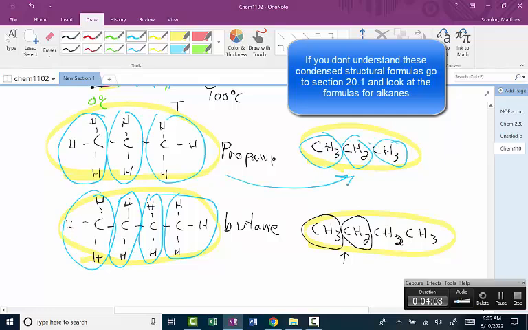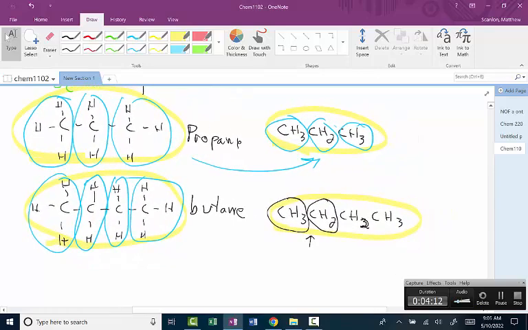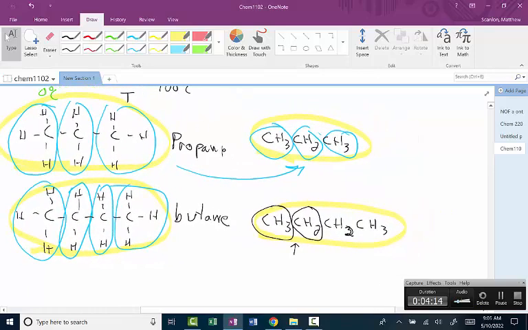Well, same compound. So what are the intermolecular forces for propane and butane? Well, there are no dipole forces because there are no polar parts of these. And so the only thing they have are London forces. And this one is going to have smaller intermolecular forces because it's a smaller molecule. Remember, the larger the molecule, the greater the London forces.